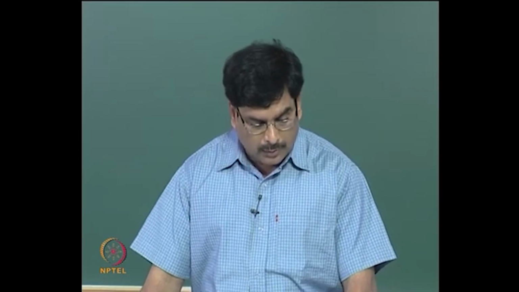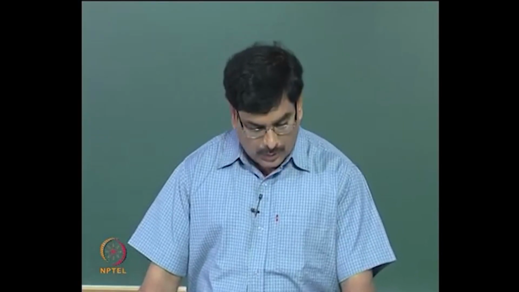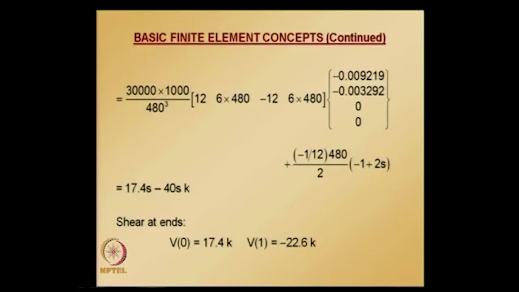Shear force at node 2 is given by substituting S is equal to 0, shear force at node 3 is obtained by substituting S is equal to 1 in this. So, shear force at the ends, and now bending moment.